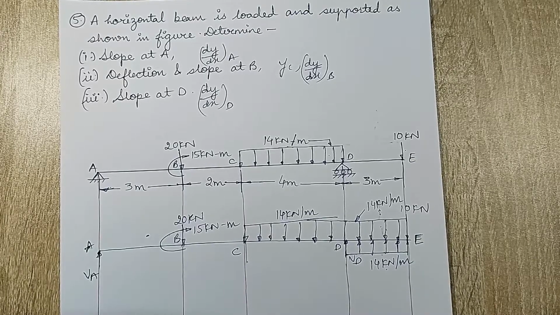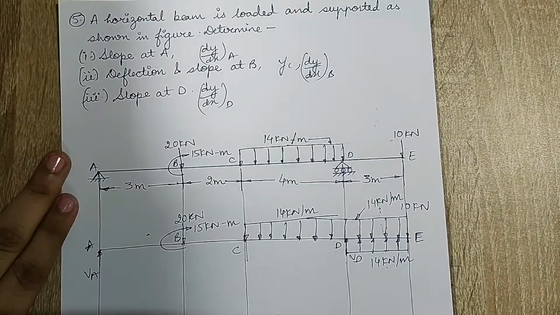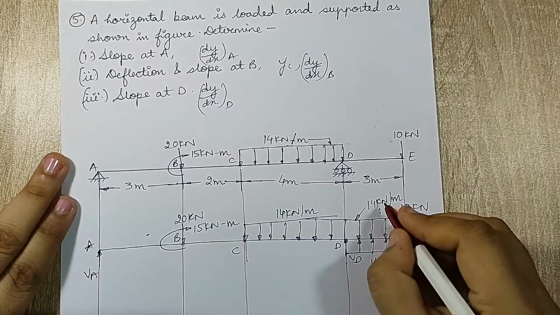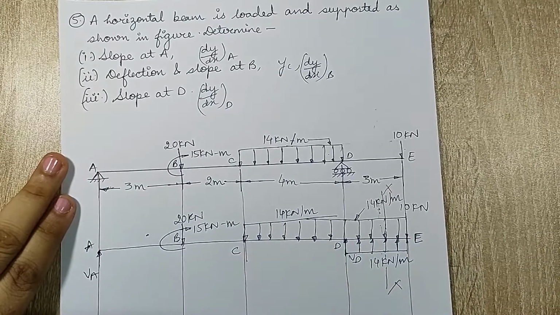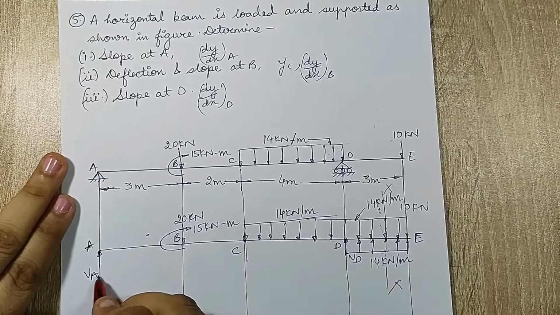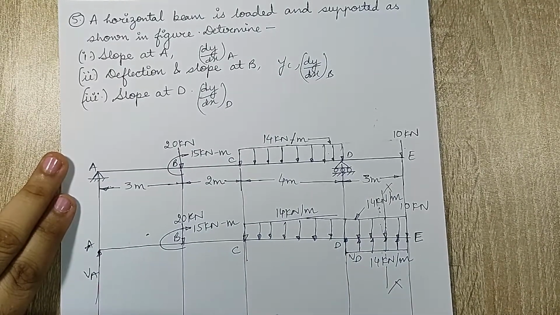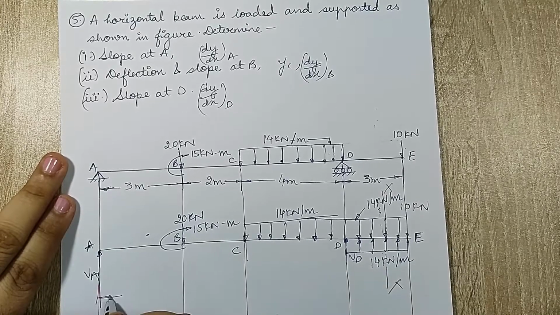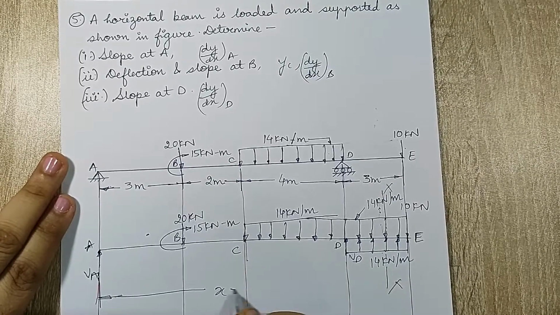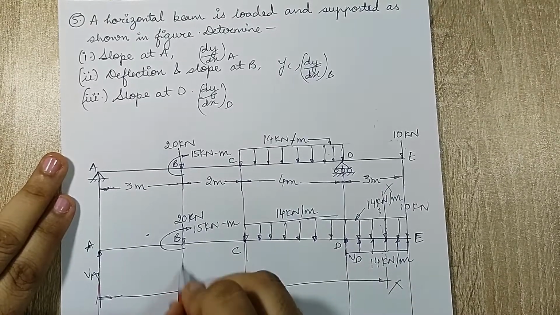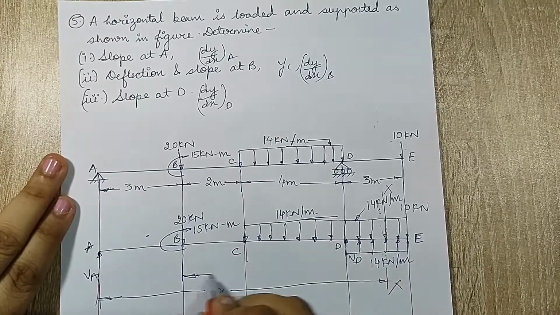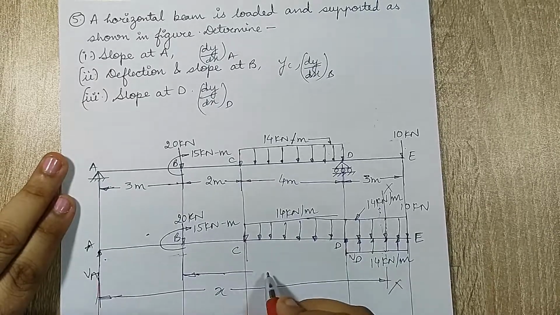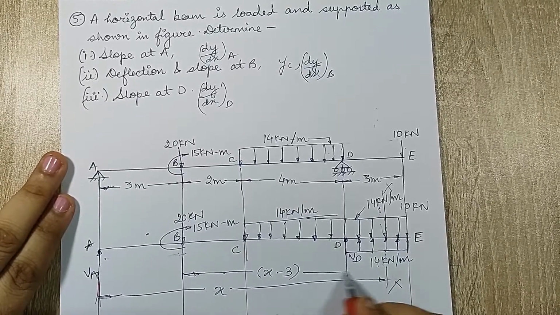So on this end, now I can draw my section. I'll just show you my section over here, which is XX. The distance of this XX from the end A will be X. The distance of B from this section XX will be, the distance is 3 here, so it will be X minus 3.